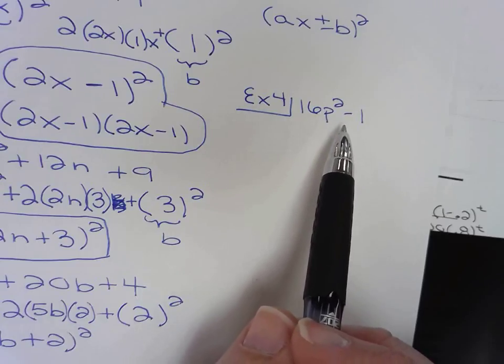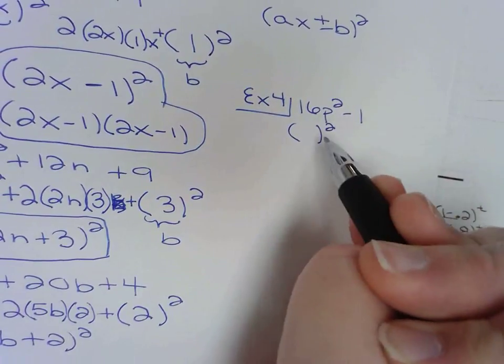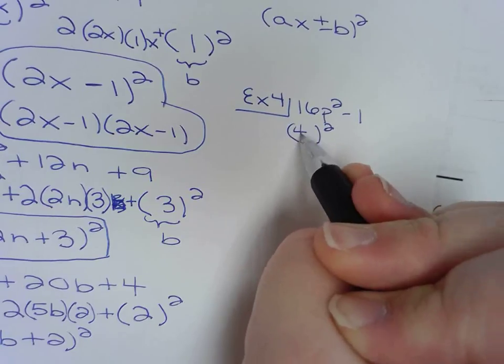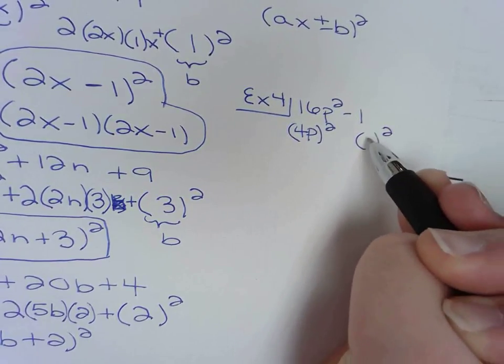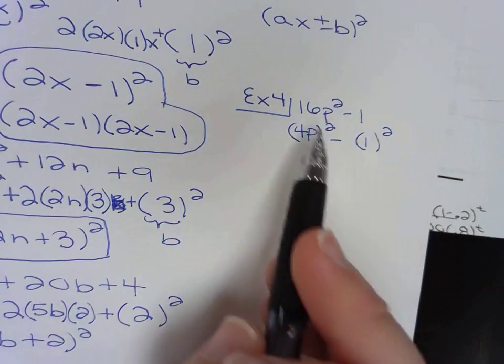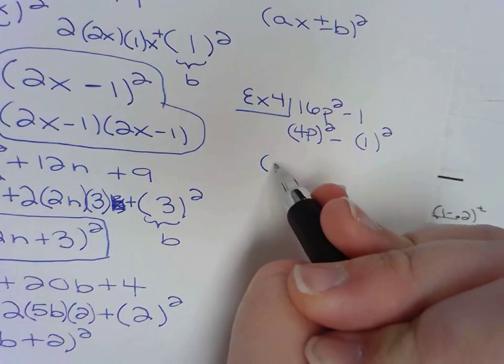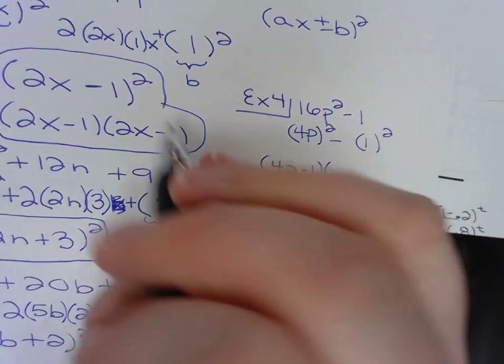Okay, it's a difference because I'm subtracting. Are these perfect squares? So what squared gives me 16p squared? 4p. What squared gives me 1? 1. And if it's just a binomial and it's a difference of perfect squares, is my answer 4p minus 1? Nope, because it's not a trinomial.